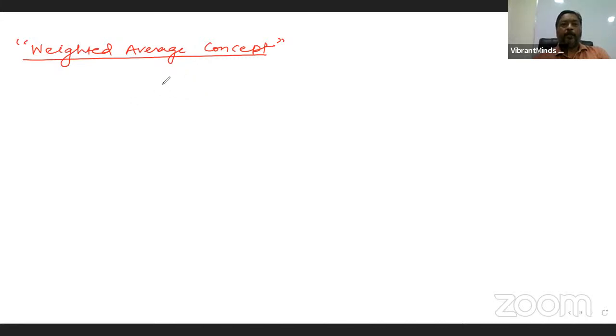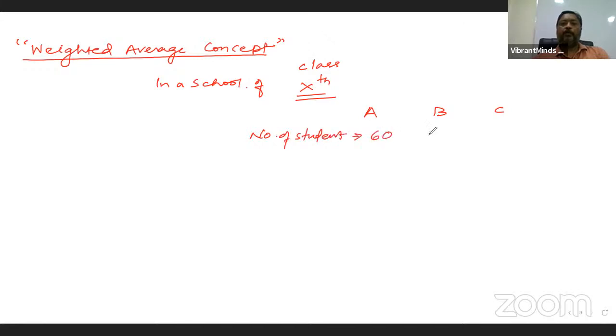Suppose in a school we have a class 10th, and there are sections, let's say A, B, C. We have 3 sections. Number of students: let's say this is 60, this is 50, and this is again 70.